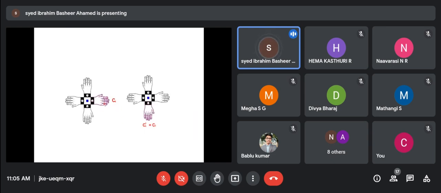Here C4-1 you can say is C4, and you rotate another 90 degrees, you will get C4-2, which is equivalent to C2. C2 means 180 degrees. You rotate 180 degrees, you will get this one. So C4-2 is equivalent to C2.